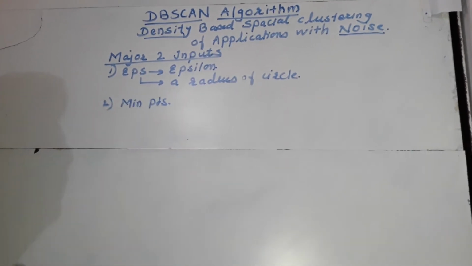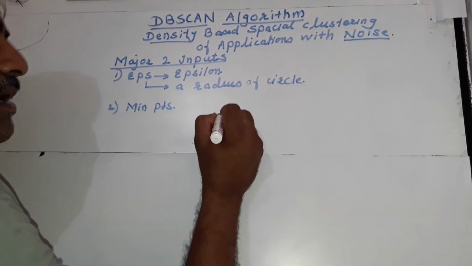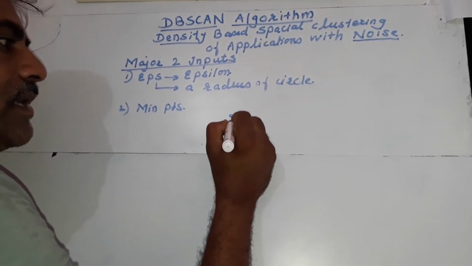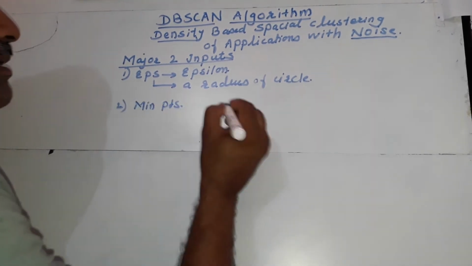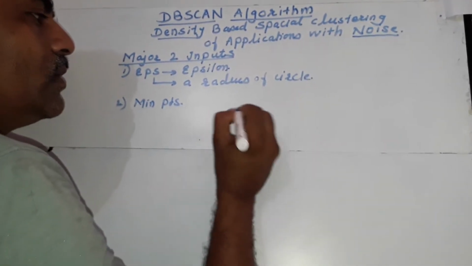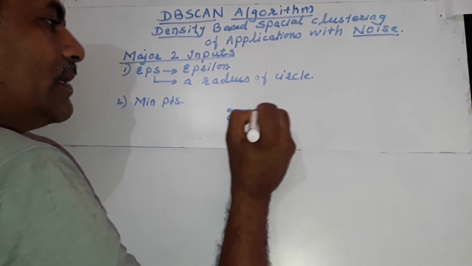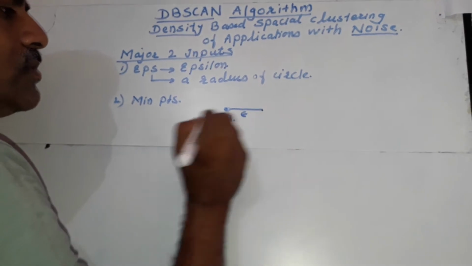Now to understand this epsilon and minimum points, let us say I have a data point A, right? And my epsilon is a radius, so consider any epsilon value. So what I have is a data point and an epsilon value.